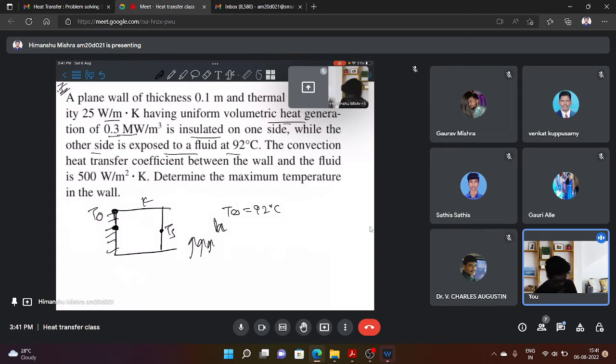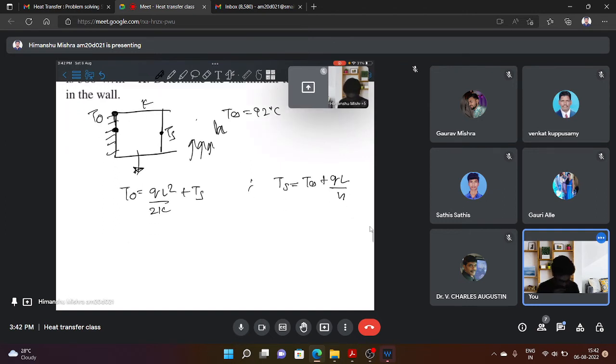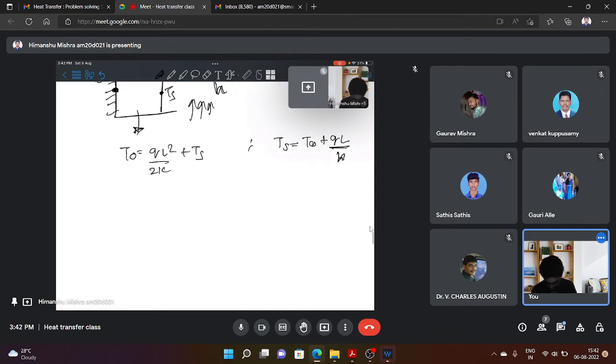So again, we know that for the slab we can use the equation qL square by 2k plus Ts, and for the fluid area we can use the equation qL by h. So the similar problem we just solved before, in question number 2, so the derivation would be the same.